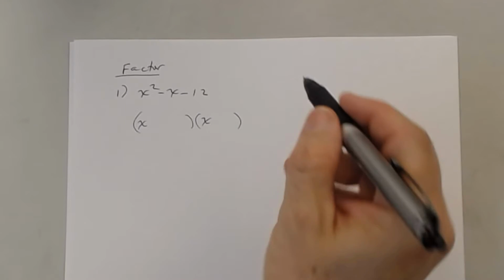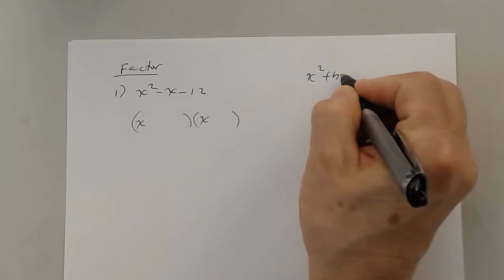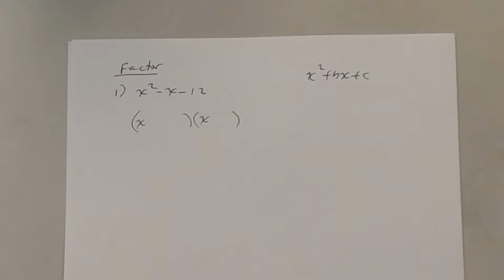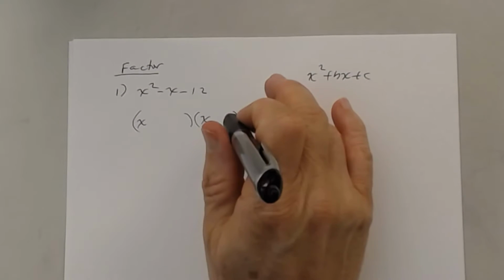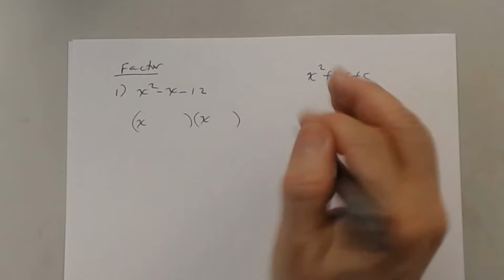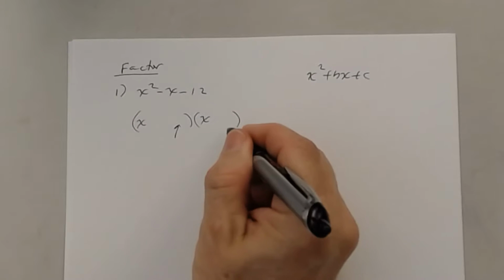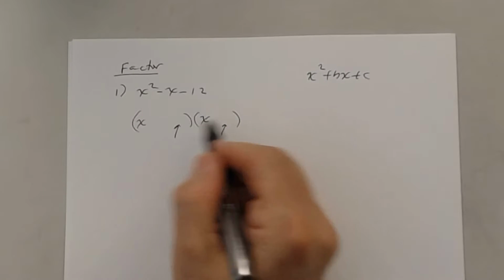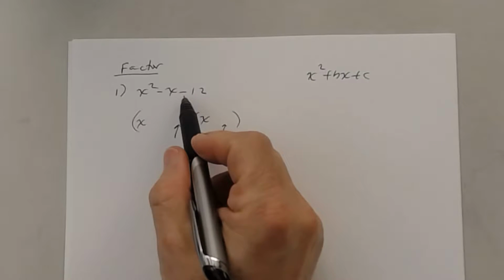All right. Now, remember we wrote out x squared plus bx plus c last time. And we said that whenever the coefficient of x squared is 1, the way we're going to approach this is, I want to find two numbers. And remember, these are your last. So last times last gives you a negative 12, right?